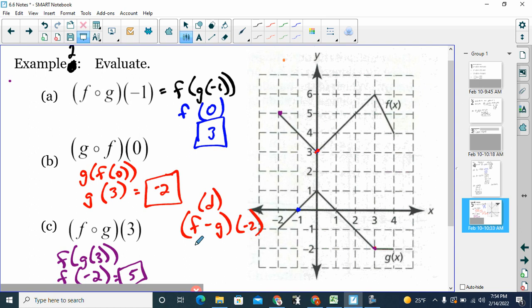And part D, f minus g of negative 2, I would do f of negative 2 minus g of negative 2. F of negative 2 is 5. G of negative 2 is negative 1. I guess 6.